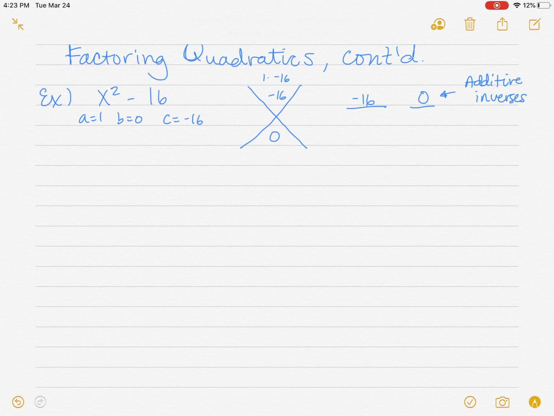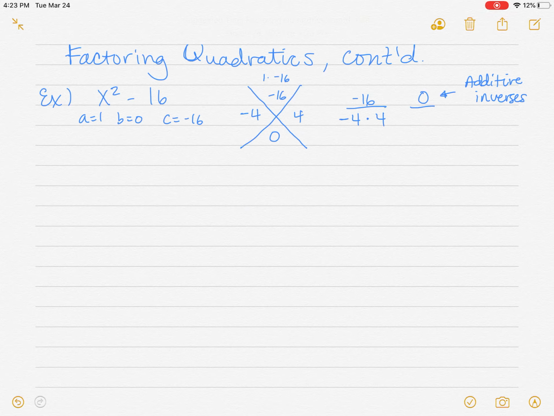That goes all the way back to Algebra 1. You talked about additive inverses, right? Two things that add to be 0. One's positive, one's negative, and they're the same number. So the numbers that multiply to 16 and are the same are 4 and 4, but one of them is negative. So negative 4 and 4.